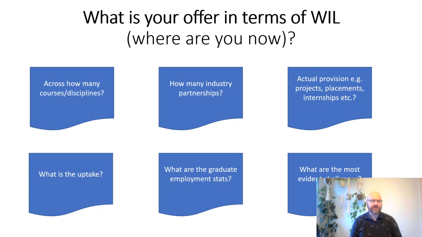These kinds of things. What is your uptake? How much detail do you know about the demand and therefore the actual uptake of what it is you are offering? Scribble those down as well, and you might be able to look up the top line answers in terms of courses, partnerships, and your provision to help you think of the uptake on these.